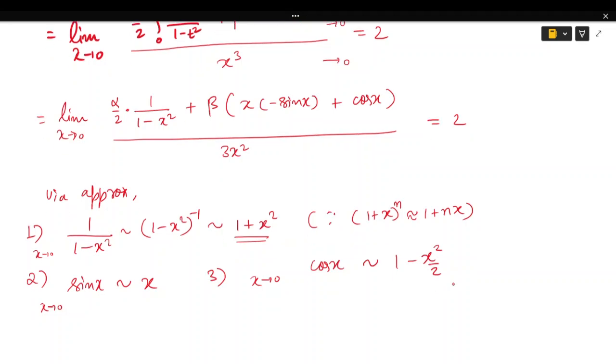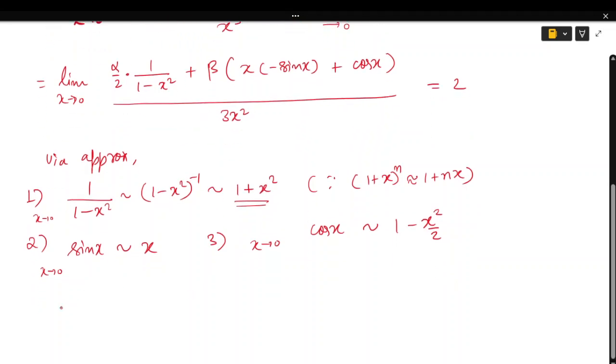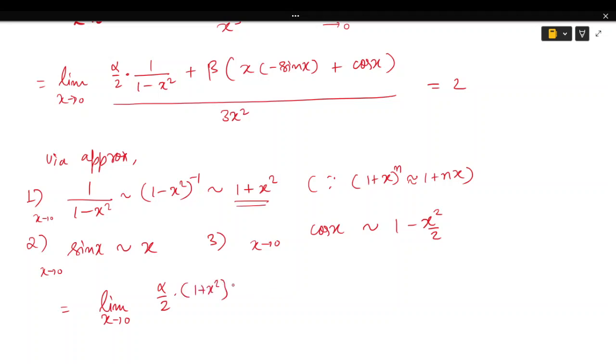Using this, in the upper part we get the limit as x tends to 0 of alpha by 2 times 1 upon 1 minus x square, which can be written as 1 plus x square, right? Then we have beta multiplied with sin x, which can be written as x, so it will be x into minus x, which is negative x square. The cos x value would be 1 minus x square by 2.